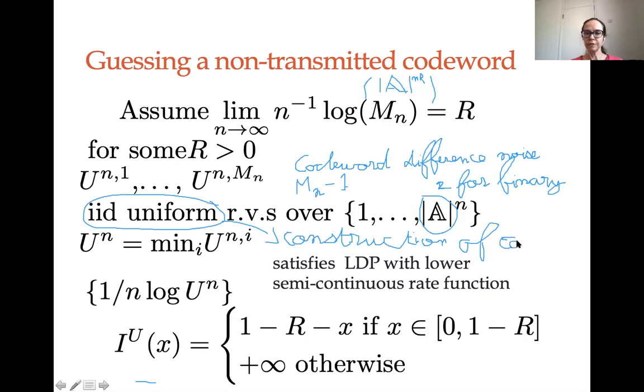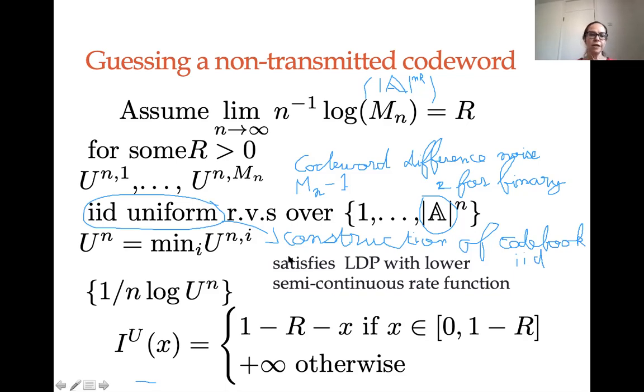Okay, so that's coming from the construction of the code. So we have all these code word difference noises that we could be guessing, which would all give an error, and we only have one noise that we could guess which is going to lead to the correct decoding.